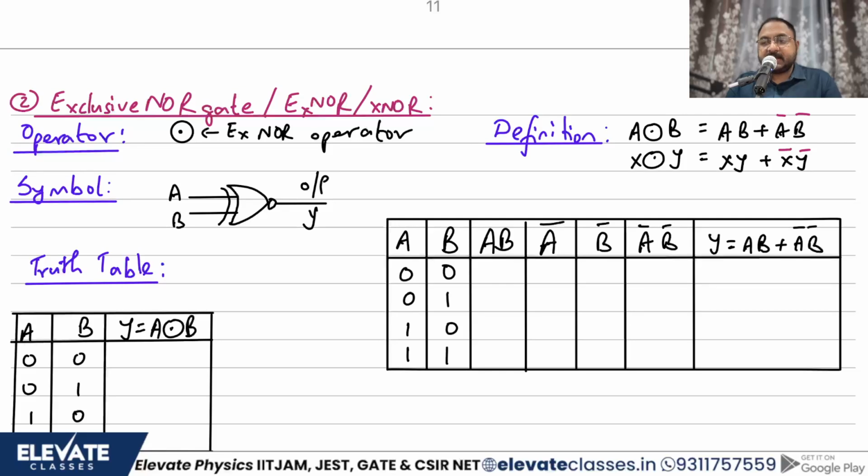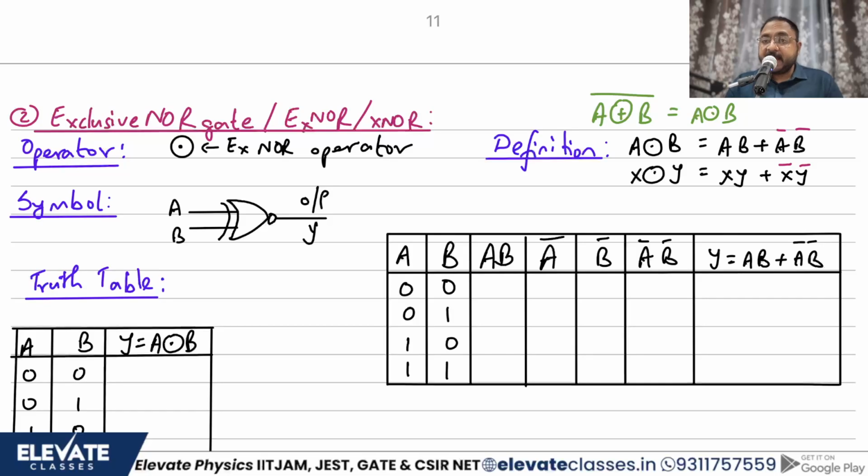Whenever you have A XOR B, if you take its complement, the answer is going to be A XNOR B. So basically these two are complements of each other, just like AND and NAND were complements, and OR and NOR were complements. XOR and XNOR are complement operators of each other.